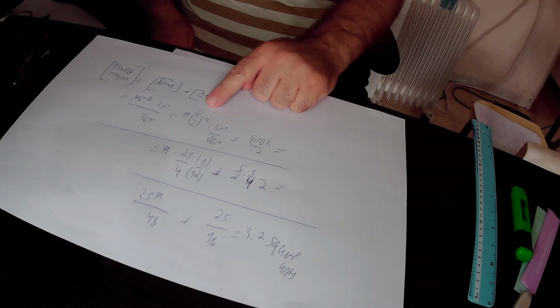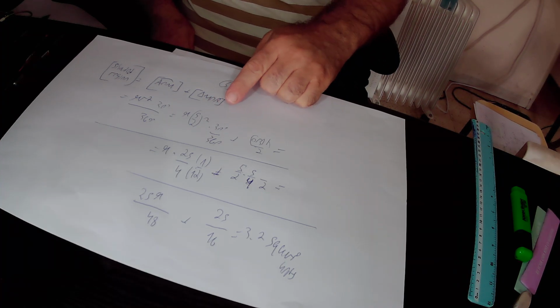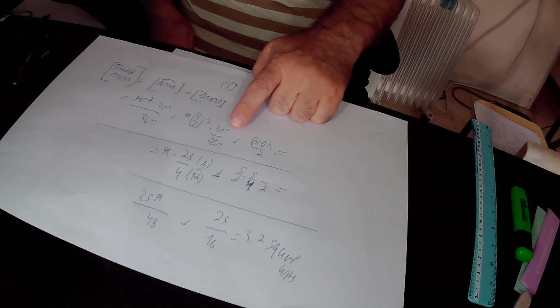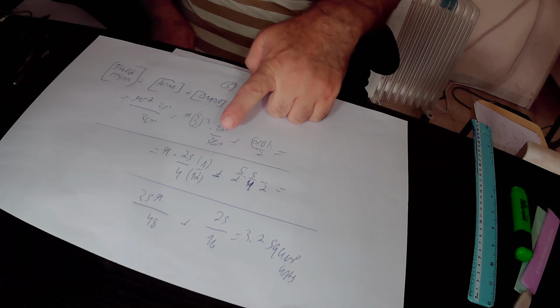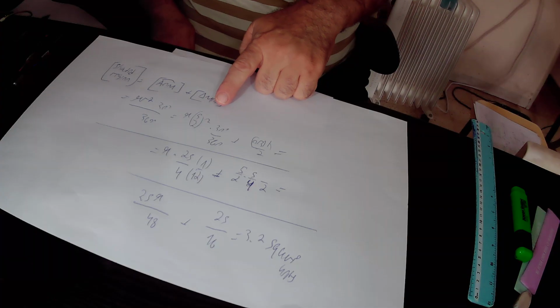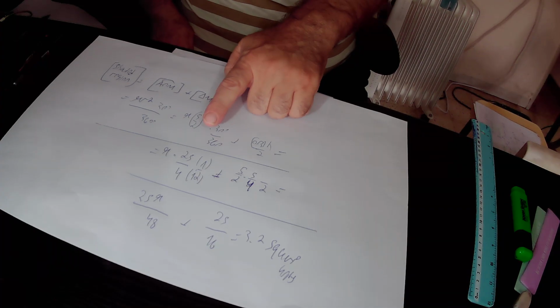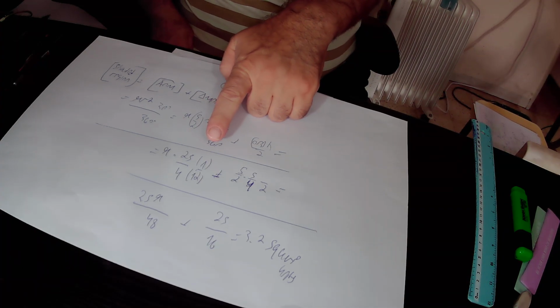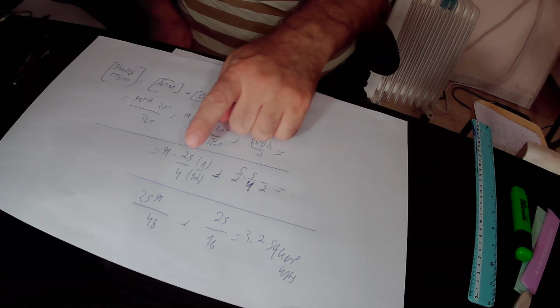So in total, we have 25 pi over 4, and we have 30 degrees over 360 degrees, that is 1 over 12. So the value of this expression is 25 pi over 4 times 12, that is 48.